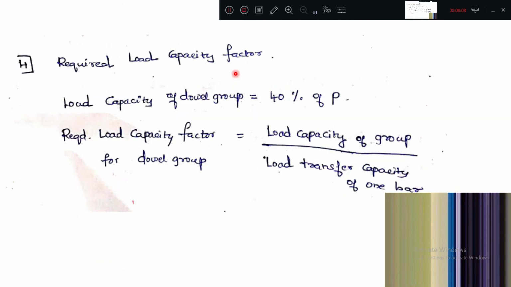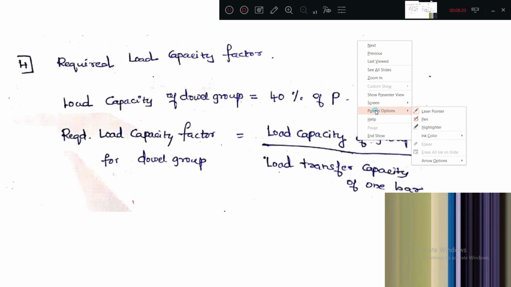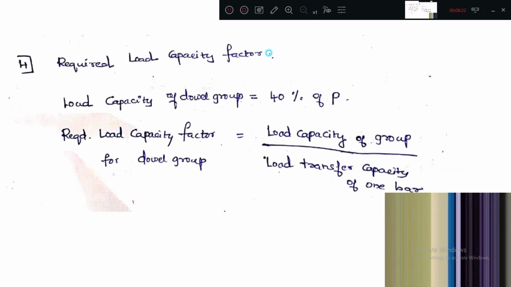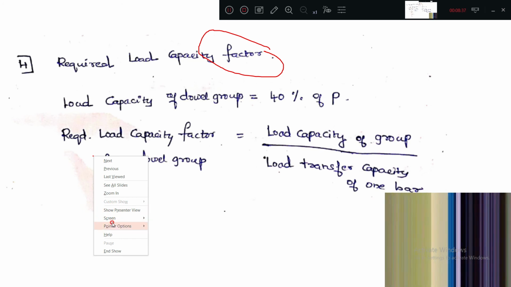Now there is one factor. What is that factor? Required load capacity factor. This word factor is very important. It is not a capacity, it is a capacity factor. Now see this bottom formula.